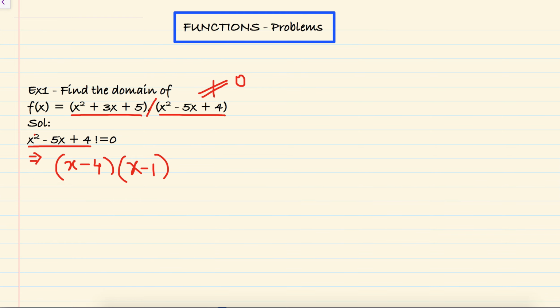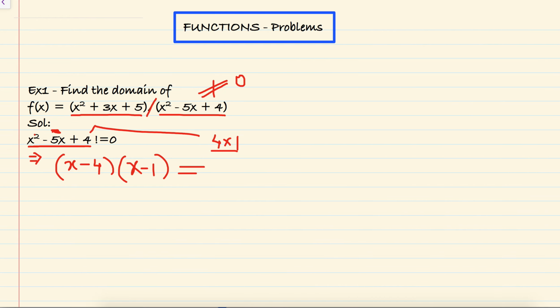So here the trick is to break 4 into two factors such that their sum is equal to 5. If it would have been plus 5, you would have taken x plus 4 multiplied by x plus 1. So break 4 into two parts such that their sum is equal to 5. So 4 and 1: its product is 4 and its sum is 5.